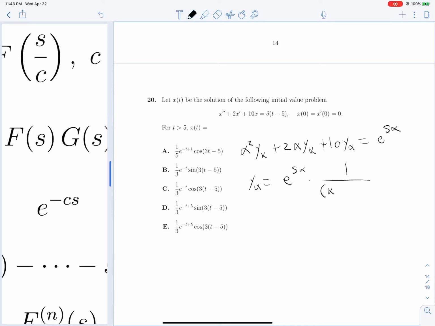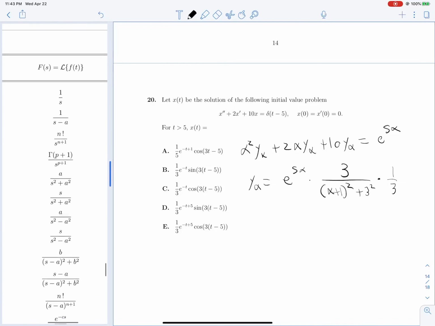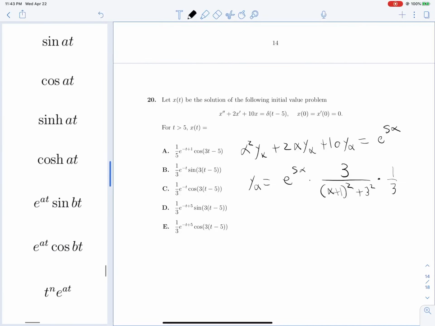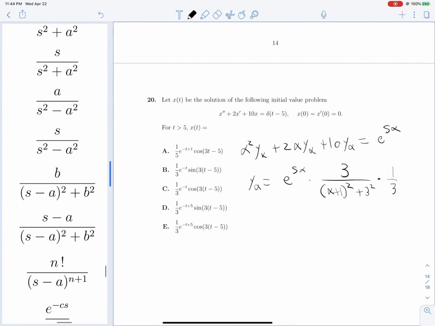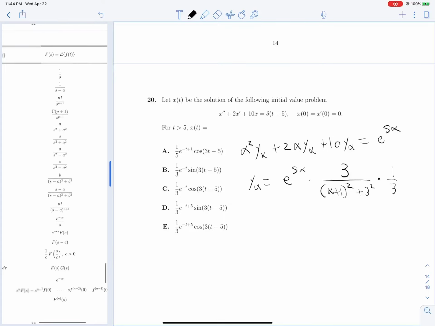So we can rewrite this as alpha plus 1 squared plus 3 squared. And then if we go up top here and multiply this by 3 and 1/3 on the outside, now this is exactly in the form that we want it to be for e to the at sine bt. Perfect, where a is -1 in our case.